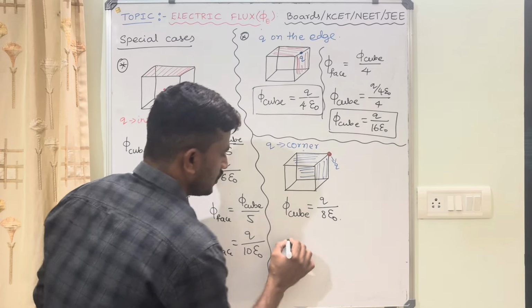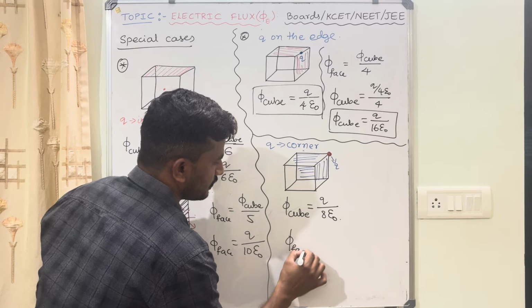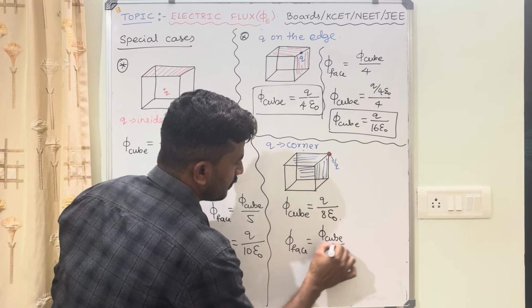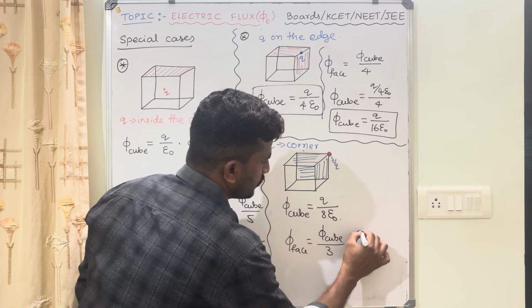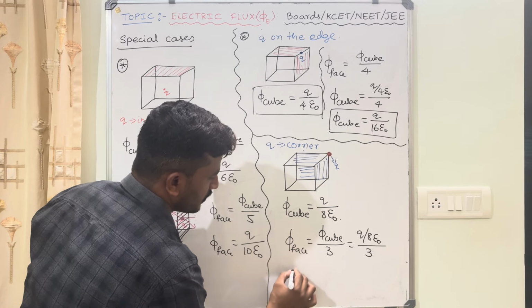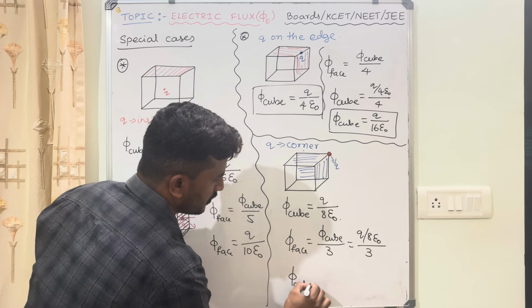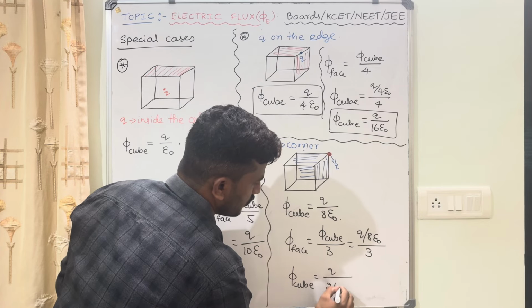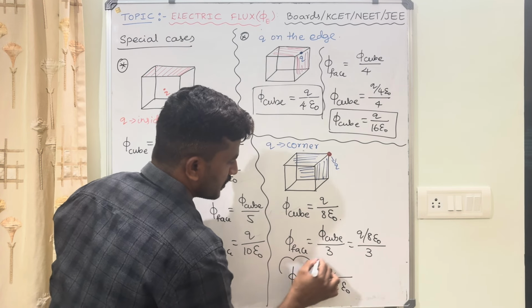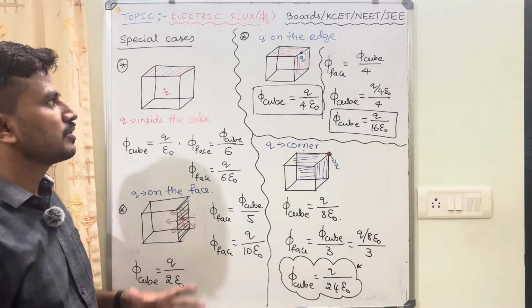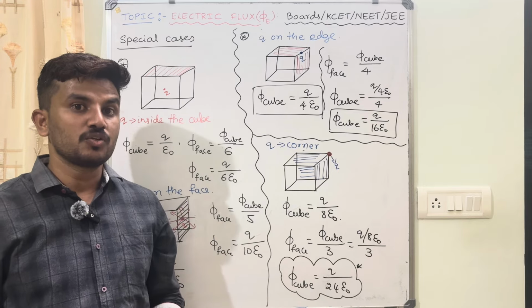So flux through each face is equal to flux through the cube divided by 3, that is q by 8 epsilon naught divided by 3, that is 8 3s are 24, q by 24 epsilon naught. This was asked many a times, it is very, very important. Okay. So this is for the cube.